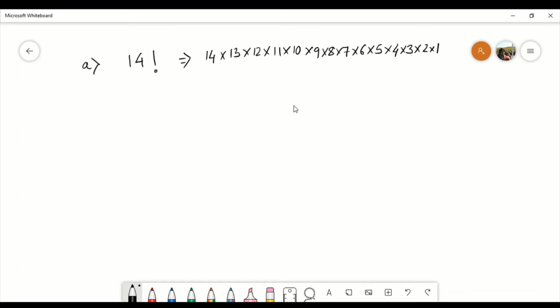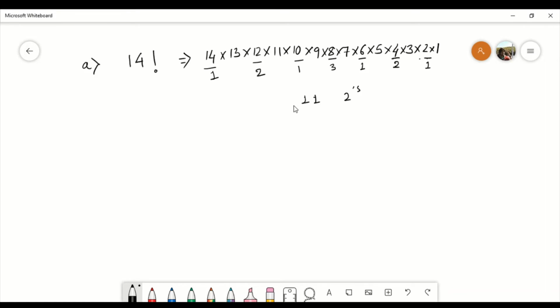And we have to find how many 5s and how many 2s there are. So we have 1 two here, two 2s here, 1 two here, 3 twos here, then again 1 here, then again 2 here, and then again 1 here. So we have a total of 11 2s in this case.